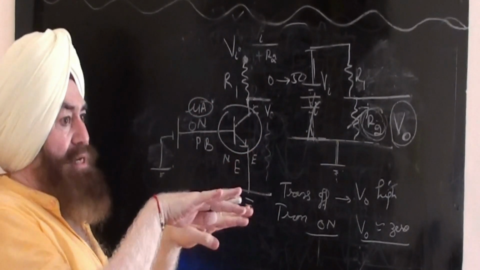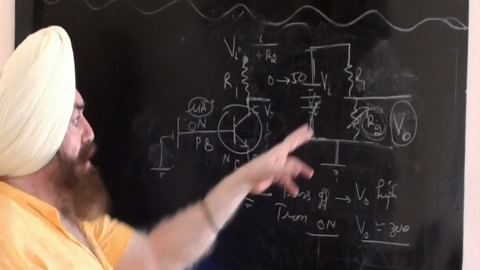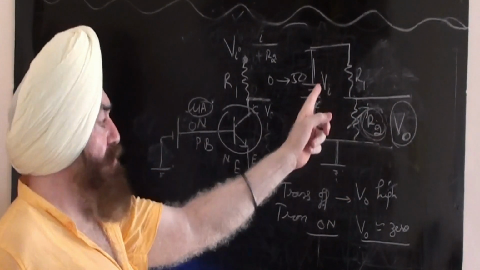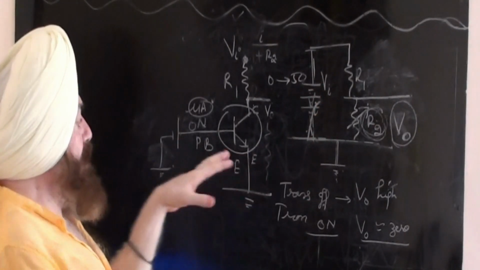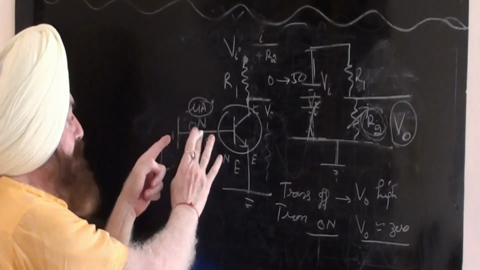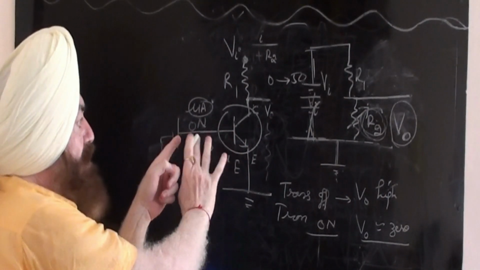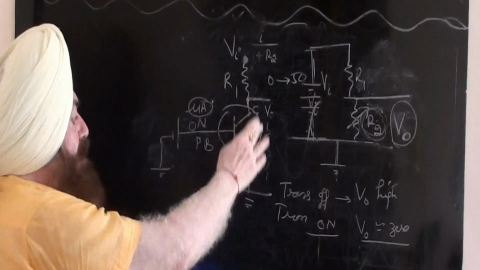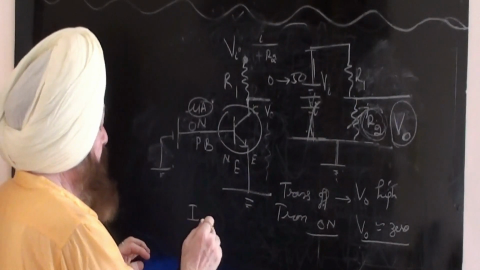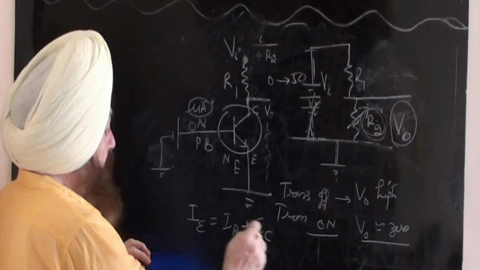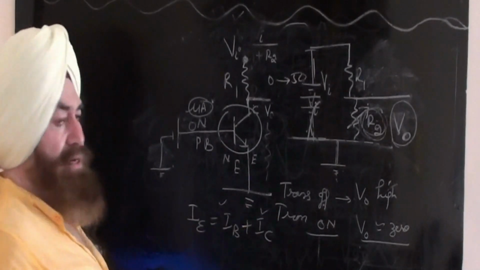It is in between, like when R1 and R2 are equal. Here the voltage is half of the input voltage. So let's say I'm giving some voltage here to the base, some base current. With some base current, IE equals IB plus IC. If there is base current, there will be collector current.